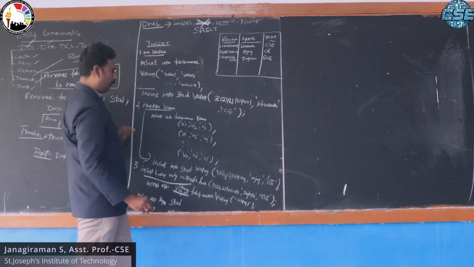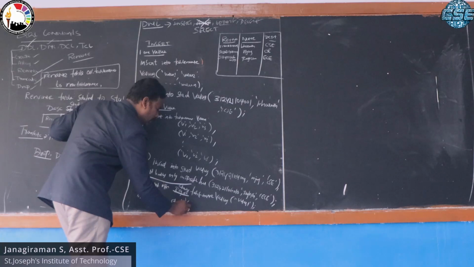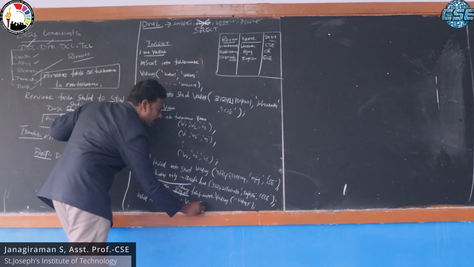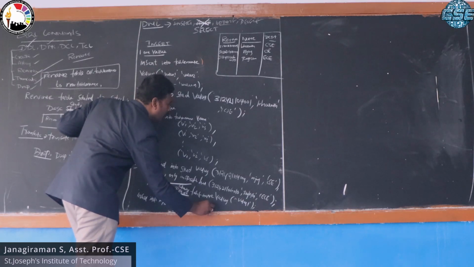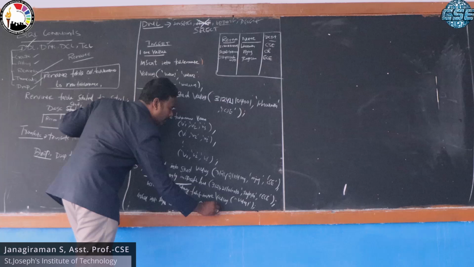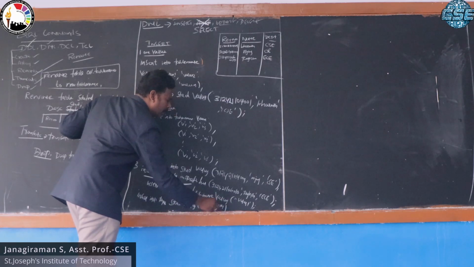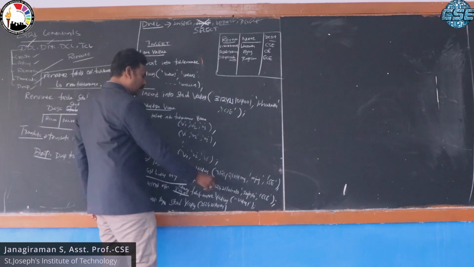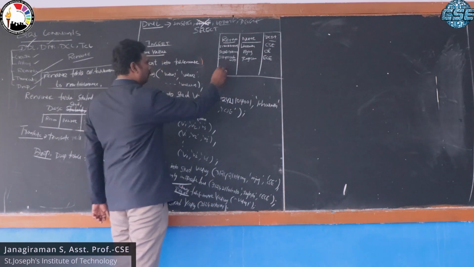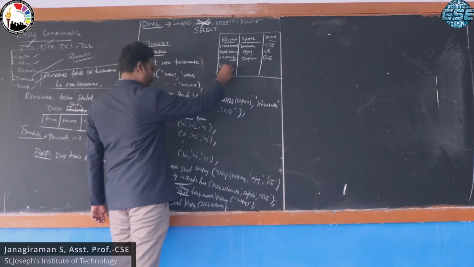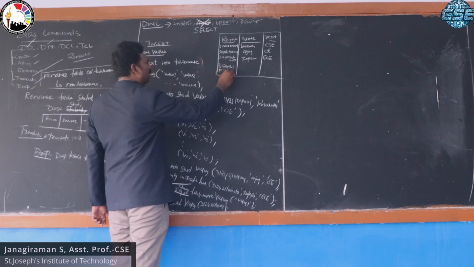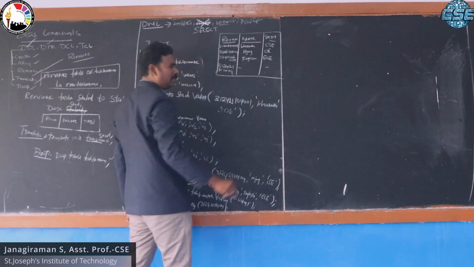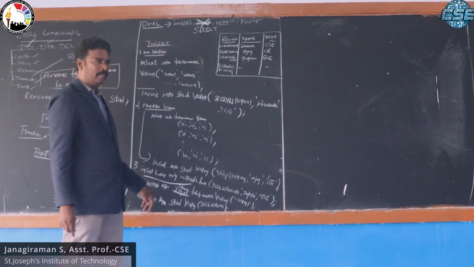STUD, that is the name of the table. Then values, I want to insert only register number, so I just write the register number 3124 21101 001. So only the register number will be inserted. So 3124 21101 001. So these two fields remain empty because I have inserted only register number.